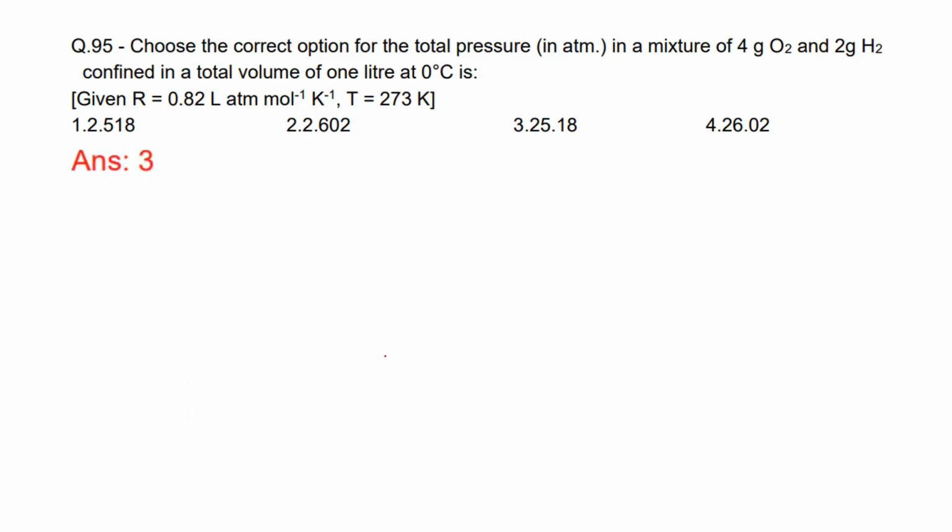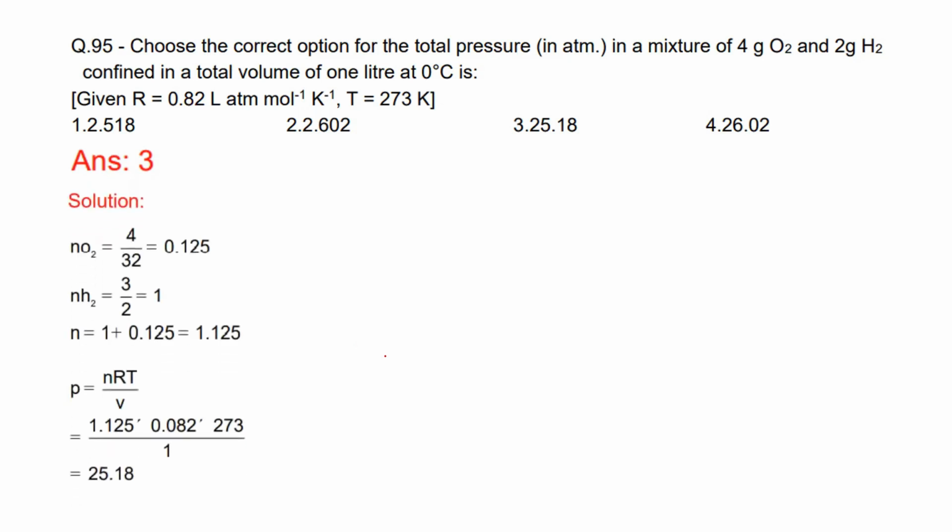Just follow the formula. We will calculate the number of moles of oxygen and the number of moles of hydrogen. So pressure is total number of moles into RT by volume. So just follow the ideal gas equation.